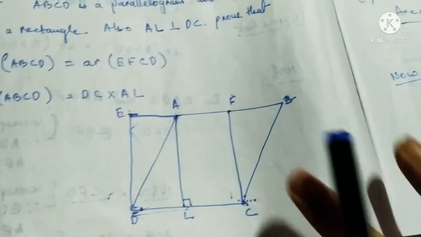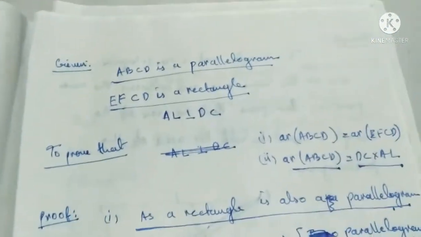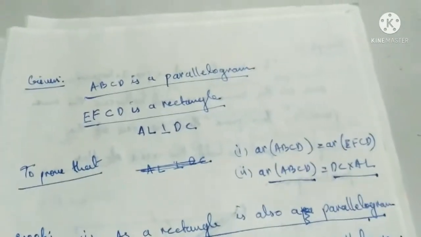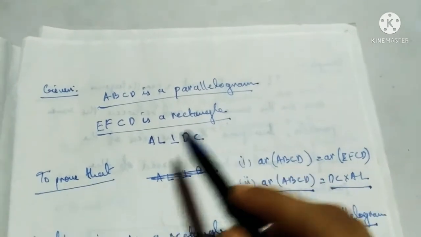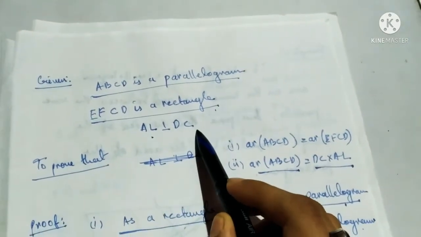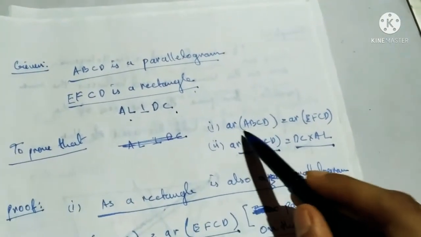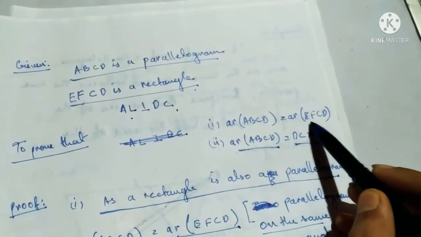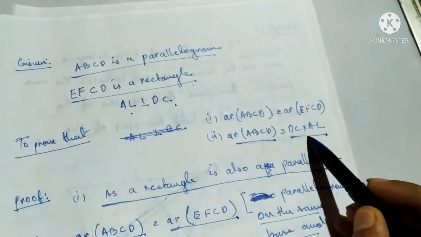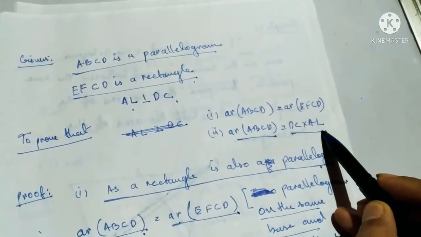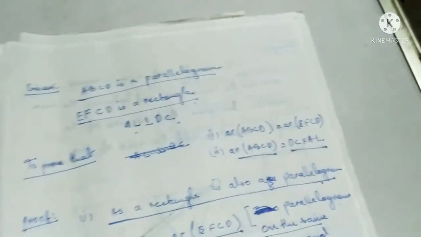This is very easy. First of all, I will write what is given. Given that ABCD is a parallelogram, EFCD is a rectangle and AL is perpendicular to DC. To prove that area of ABCD is equal to area of EFCD and area of ABCD is equal to DC into AL. Now I will start the proof.